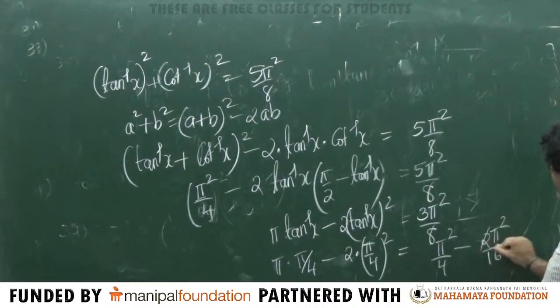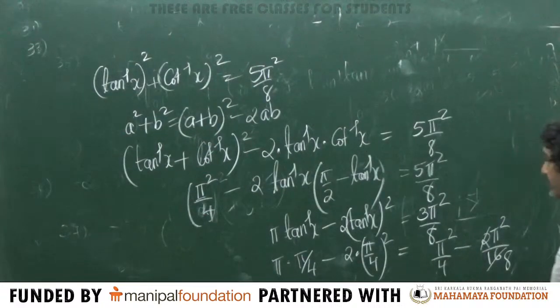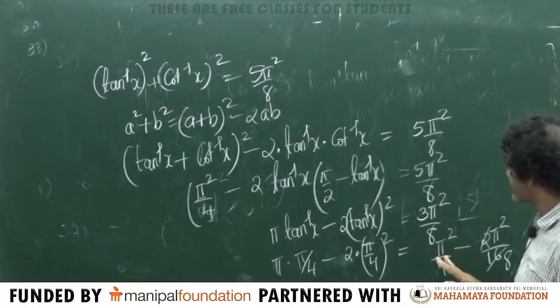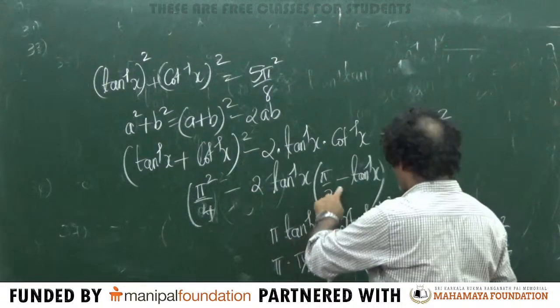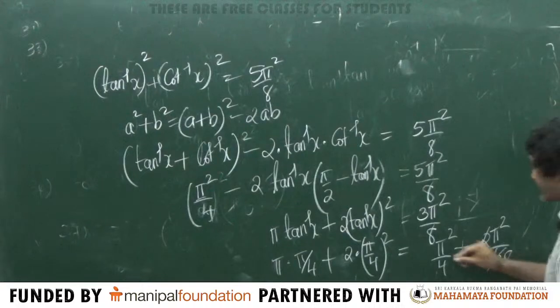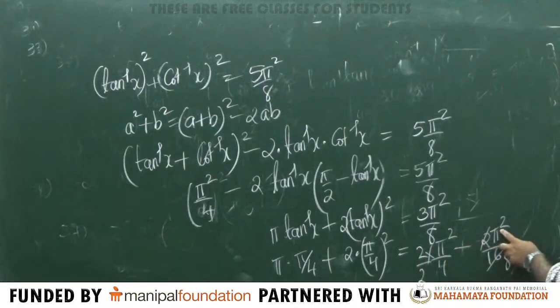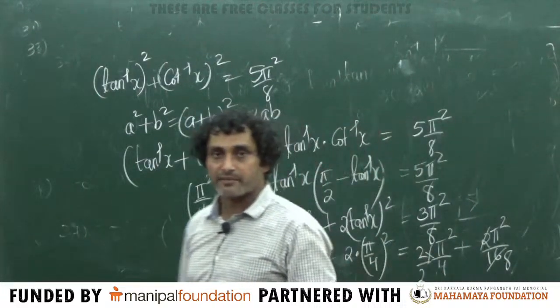So this will go 8 times. So that doesn't work, right? Did I do something wrong here? Just have a look. Minus of minus is plus, right? Yeah, should work. I'll just multiply by 2 by 2. Isn't it 2 pi square plus pi square? 3 pi square by 8. So aren't you getting 3 pi square by 8?